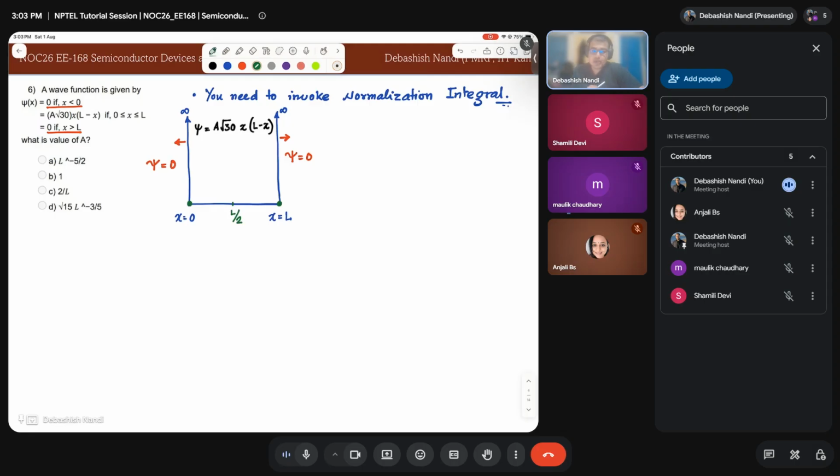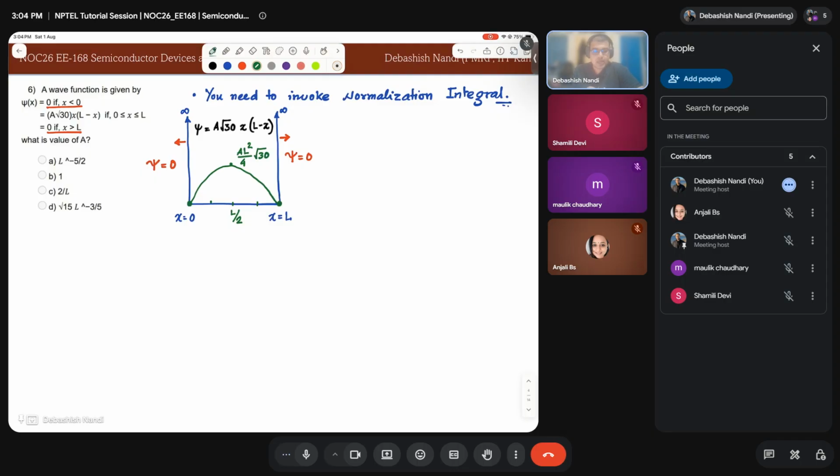Put x equal to L by 2, I'll have some amplitude. One L by 2 is coming from here, another L by 2 from here, so that leads to L square by 4 square root 30. Now take any point in between and it will construct something like this. The wave function will be like this. It is good to have a visual representation of the wave function.